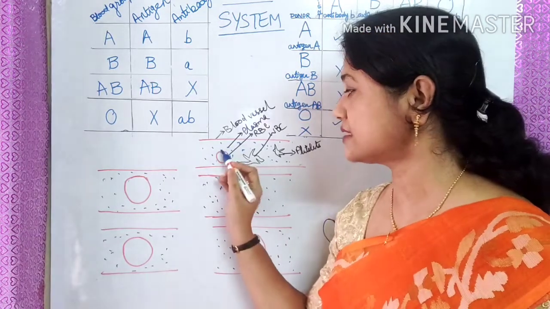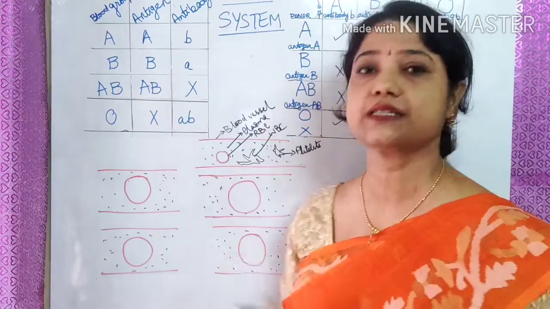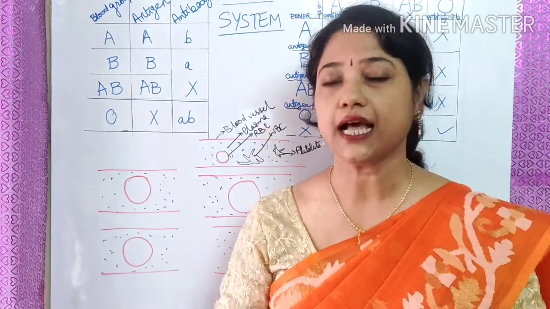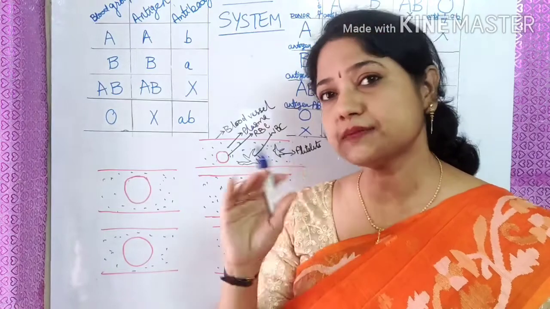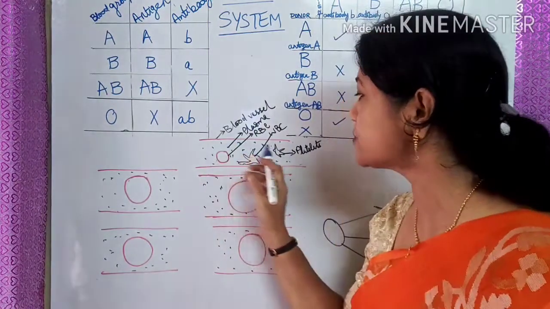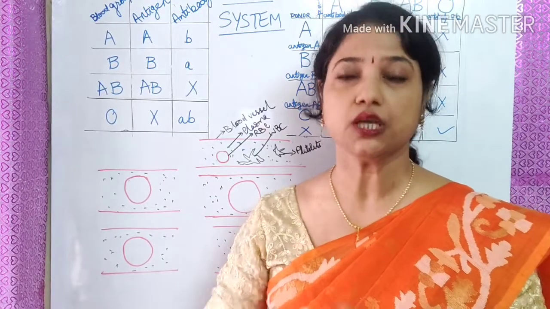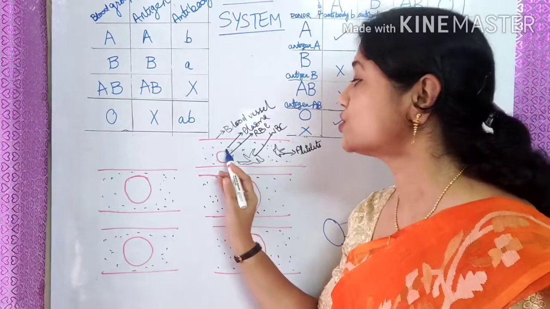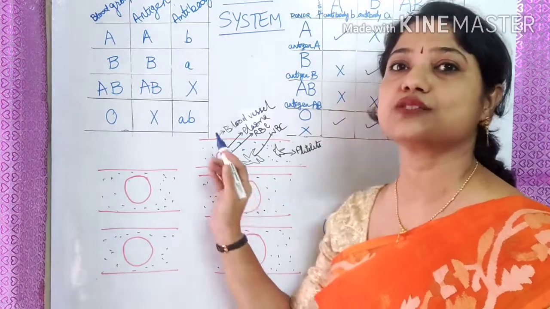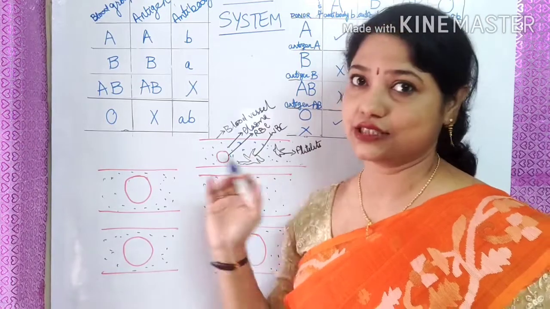These antigens which are present on the walls of this RBC are of two types, antigen A and antigen B. Similarly, children, in the plasma of the blood also, certain proteins are present which are totally antagonistic in nature to the proteins present on the RBC, that is the antigens.